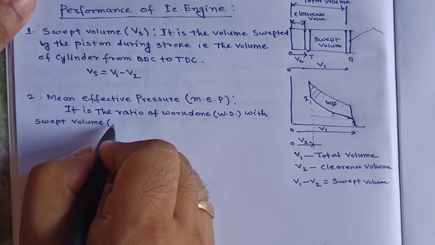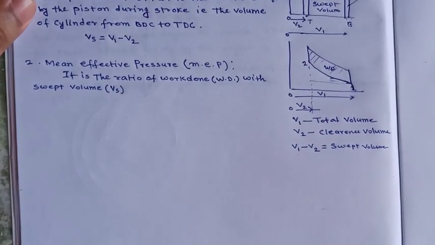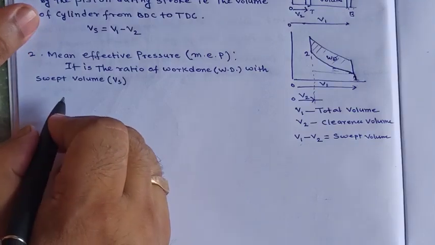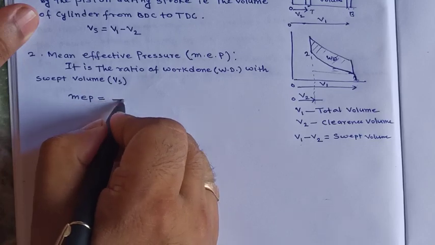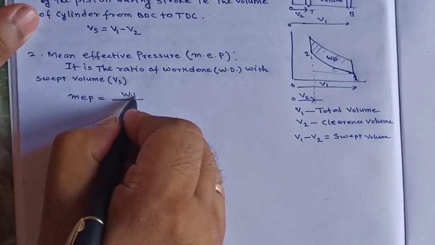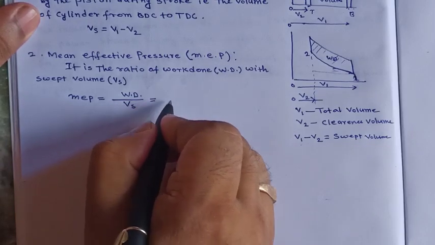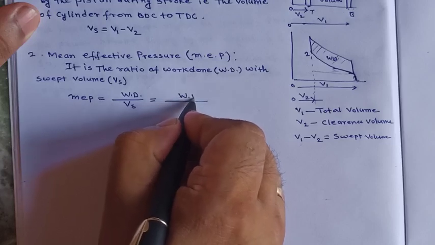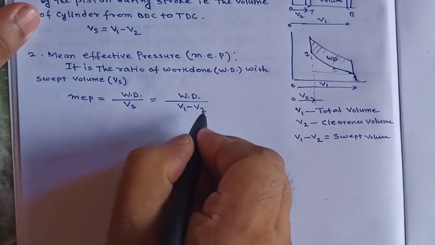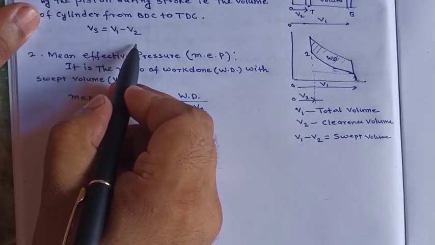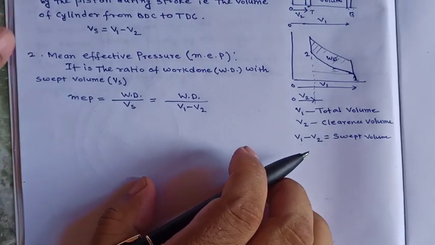Swept volume is denoted by V suffix S. So MEP equals work done by V suffix S, equals work done by V1 minus V2. As Vs is V1 minus V2, I have written V1 minus V2 here.